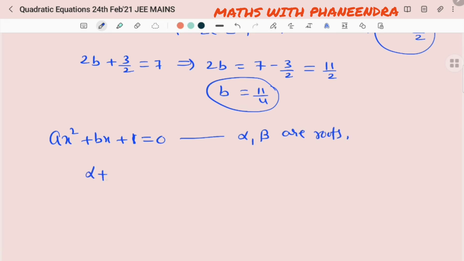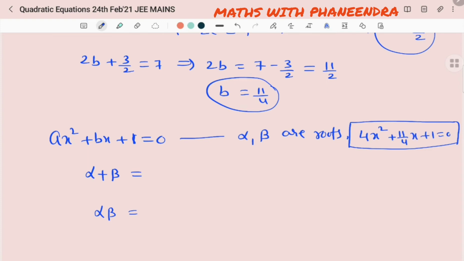Before that, substitute the a value and b value in this. So here a value is 4x square and b value is 11 by 4 into x plus 1 is equal to 0. So alpha plus beta is minus b by a, that is equal to minus 11 by 4 by 4. That means minus 11 by 16.